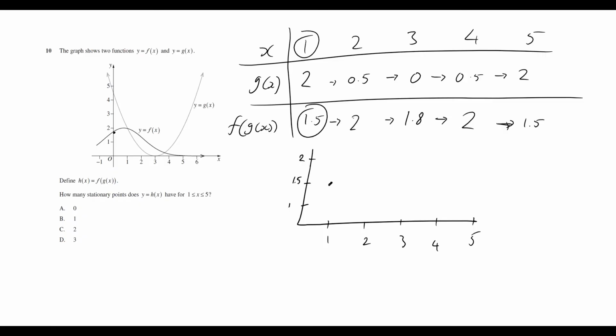When x is 2, f of g of x is similarly 2. When x is 3, f of g of x is about 1.8. So I'm going to put it right in the middle there. And then we know that it's going to be, once again, symmetric. So that will bring up this point here. And now, again, down at the 1.5-ish mark.